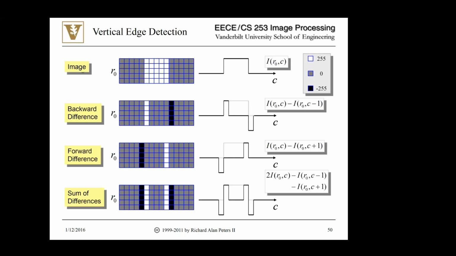And you can add the 2. So if this is an estimate of the derivative, and this is another estimate of the derivative, I have another estimate of the derivative. By adding the 2, what you have is twice the central pixel minus the 1 on the left minus the 1 on the right. And from numerical methods, you know that all of these are approximations to the derivative.